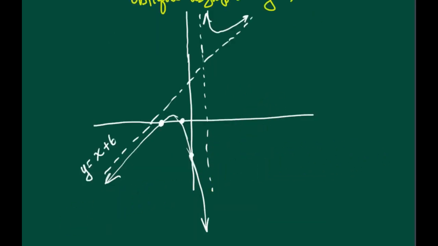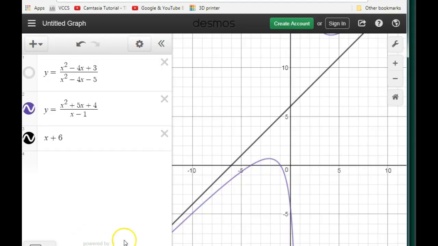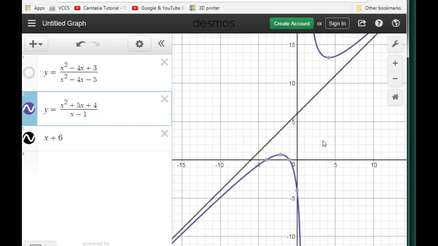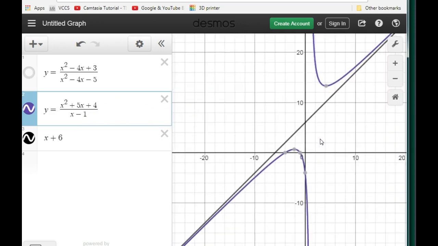And here's how it looks on Desmos. The black line here is the asymptote, and you can see the purple line here is part of the graph with the oblique asymptote. I have to zoom out pretty far in this case to see the rest of it. But it's out there.